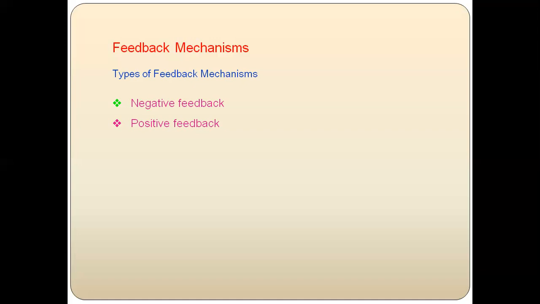You can understand it by example. For example, in our body, when the level of glucose increases, the pancreas secretes insulin. And what is the function of insulin? Insulin decreases the blood glucose concentration by converting glucose into glycogen. I told you before, insulin stores glucose in the form of glycogen in the liver and also in muscle tissues.